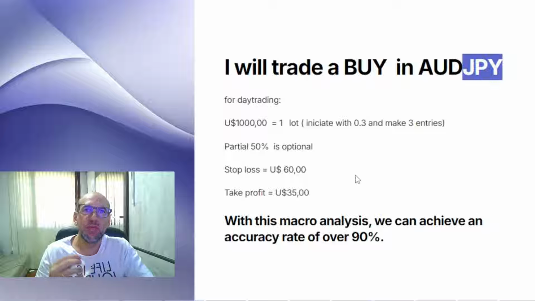My take profit will be $35 and stop loss $60, emphasizing that the success rate with this fundamental analysis is above 90%. Let's do a real-time operation simulated in an accelerated way to exemplify this day, December 2nd, 2025, on the Aussie yen.